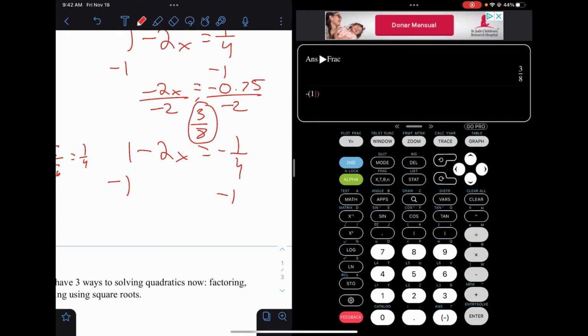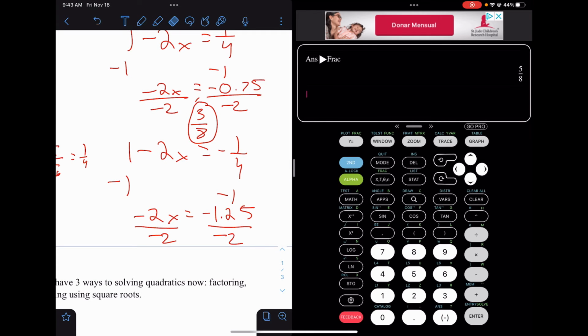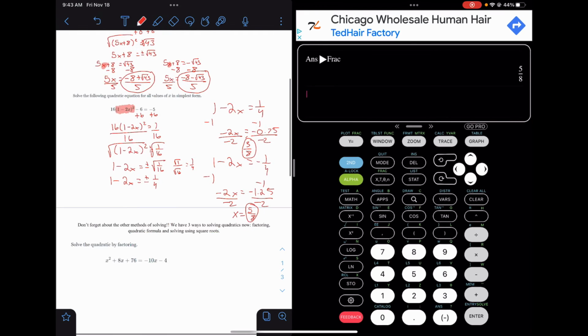So we're going to do negative 1/4 minus 1, and we get negative 1.25, and then we're just going to divide by negative 2, and we get this, which is gross, so let's math enter that, and we get that x is equal to 5/8. All right, so these are our two solutions here.